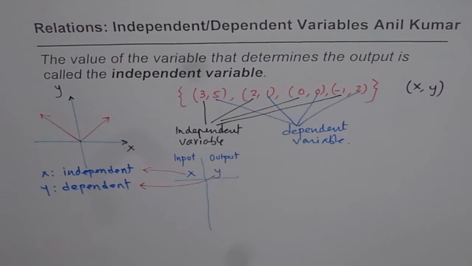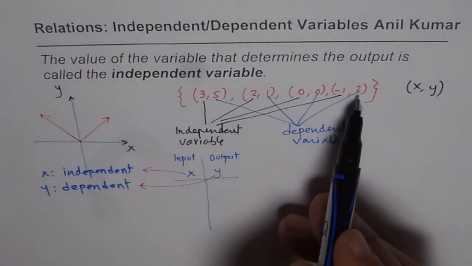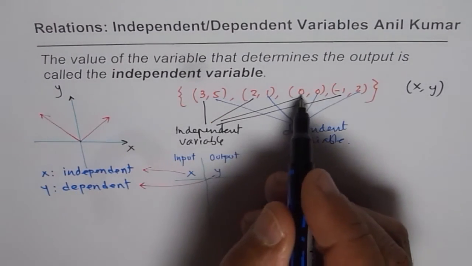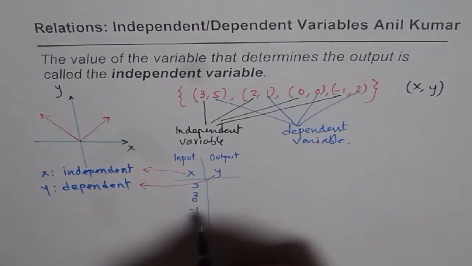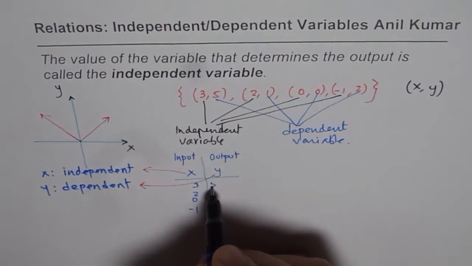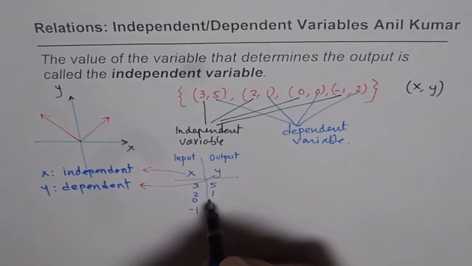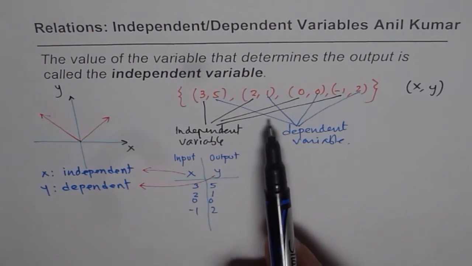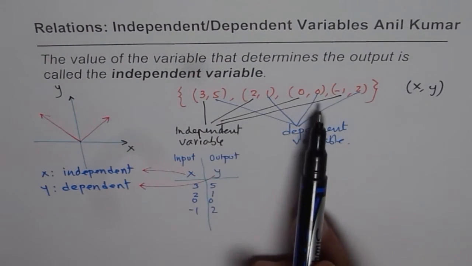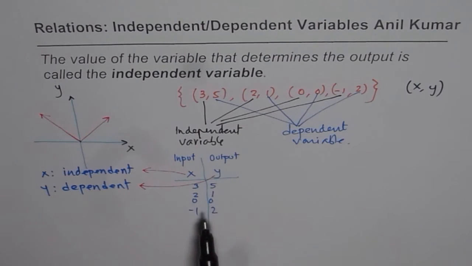So if I have to place this data on the table, I'll write 3, 2, 0, minus 1 on this side, and relate 3 with 5, 2 with 1, 0 with 0, minus 1 with 2. So that is writing the same set of coordinate points in tabular form, where the independent variable is written on the left side. It acts as an input and the output becomes the dependent variable.